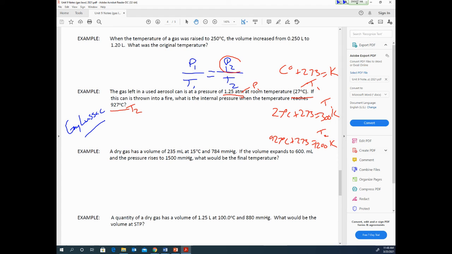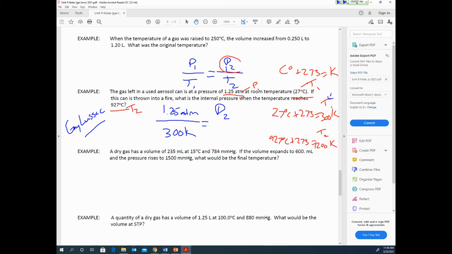So my P1 is on top, and they gave me that. It's 1.25 ATM. And it's over my T1, which we solved for over here, is 300 degrees Kelvin. And that is equal to my P2, which I don't have.